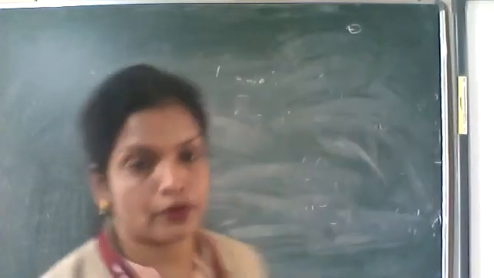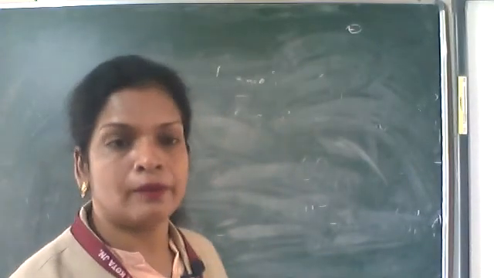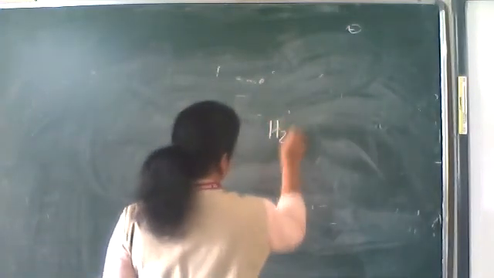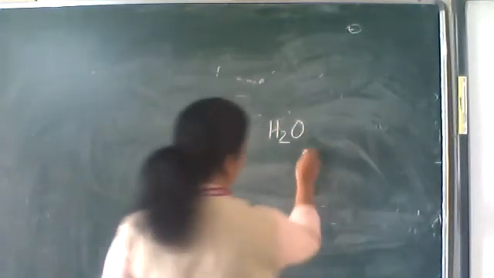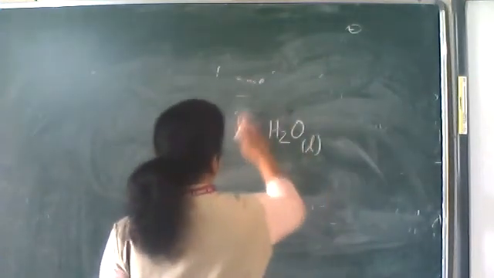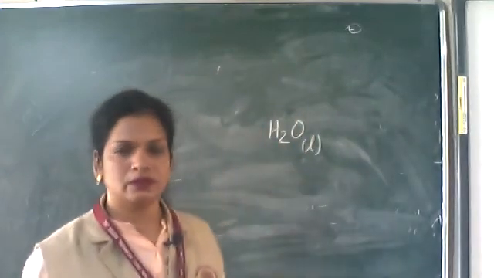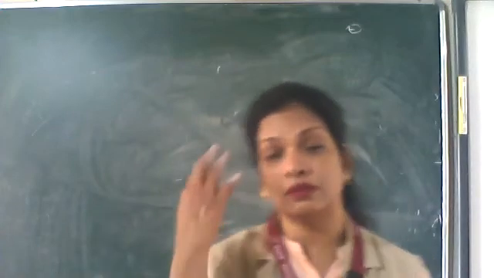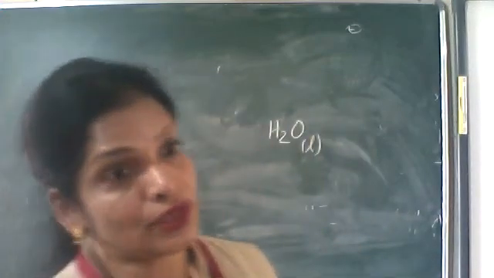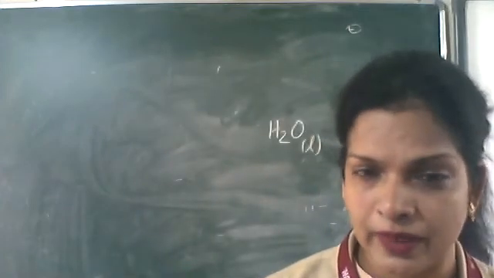So enthalpy of formation. For example, you are making a famous compound, water, in its most stable state. That is water in the liquid form. Whenever you hear water, the liquid state only comes to our mind. Then ice, then water vapor. The most stable state is the liquid form.